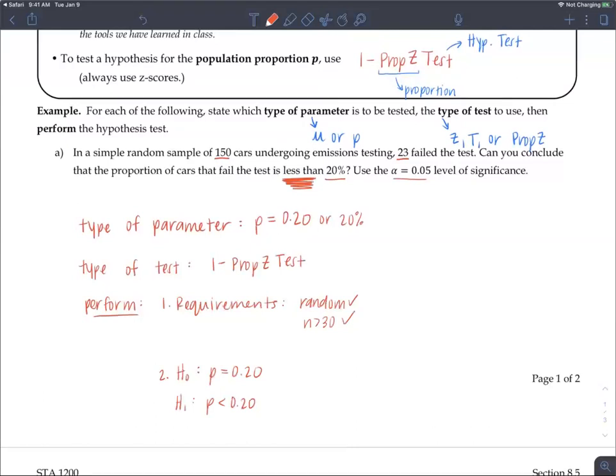And then the third step is to determine, so here, let me put the third step up here. Either choose between the critical value method and p-value method.